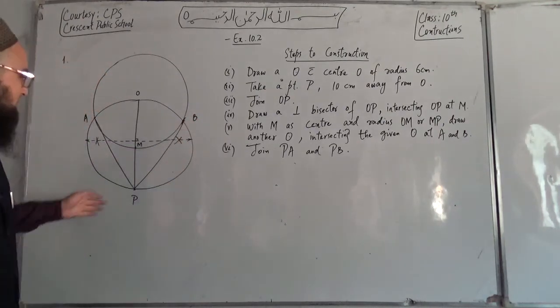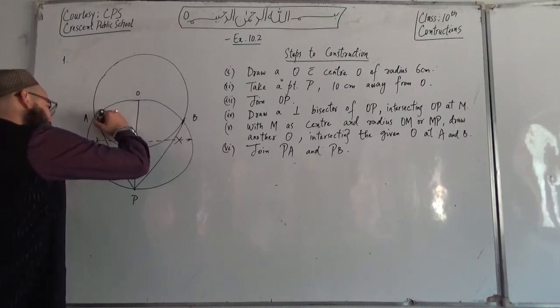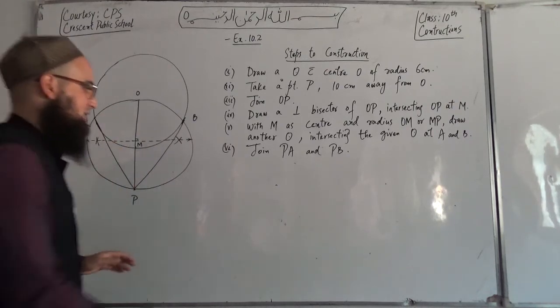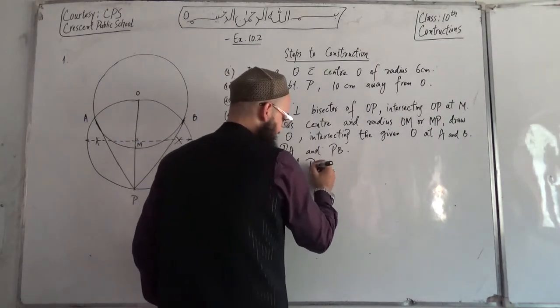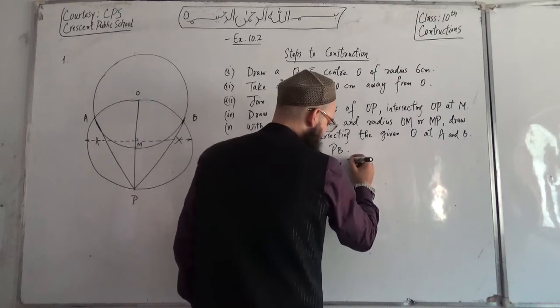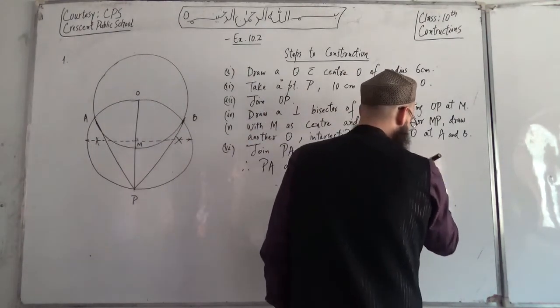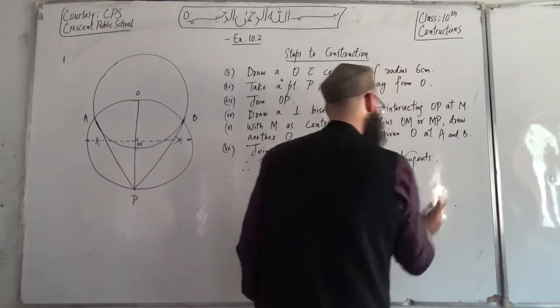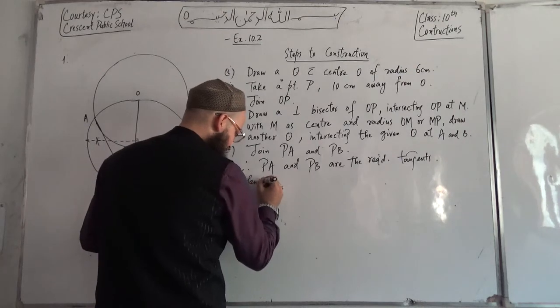And so what do you observe? These are your required tangents. Therefore, PA and PB are the required tangents. Hence, constructed.